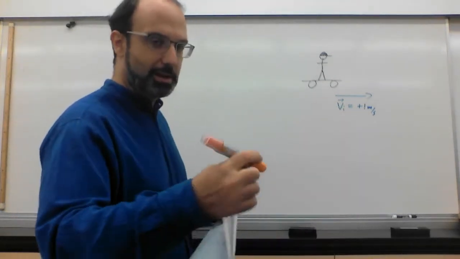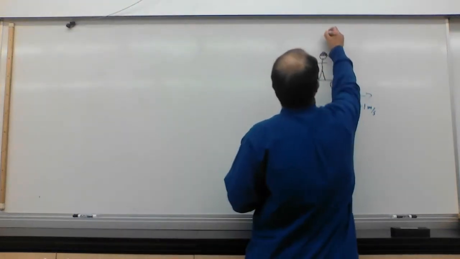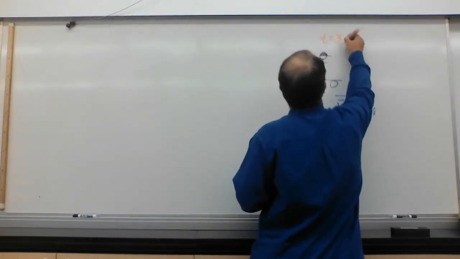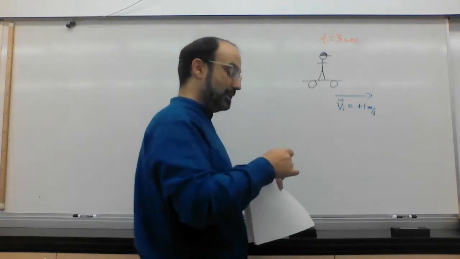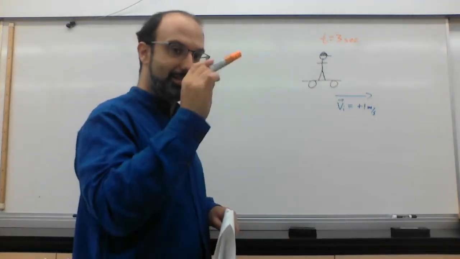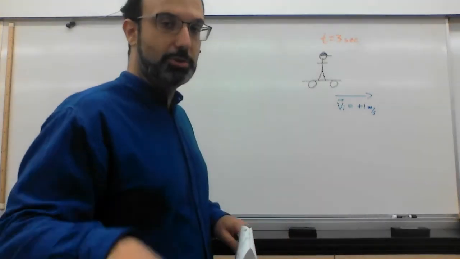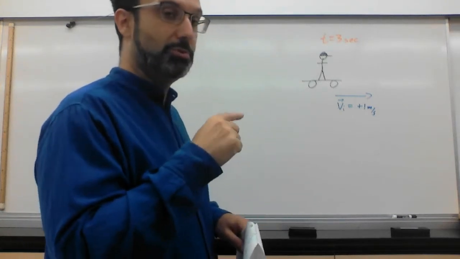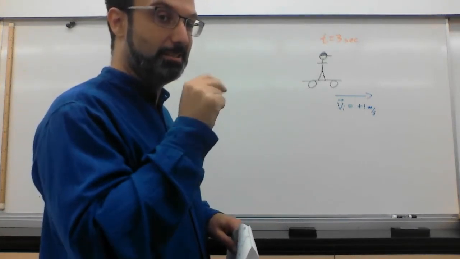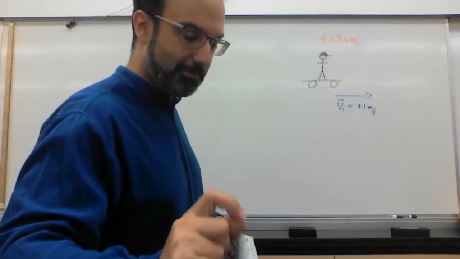Okay, so we'll do time here. We'll do it in orange. Over 3 seconds. Incidentally, you will notice, ladies and gentlemen, that I tend to use SEC for seconds to make sure that I don't confuse you and make you think that I just wrote 3-5, because my S's sometimes look a little bit like a 5.